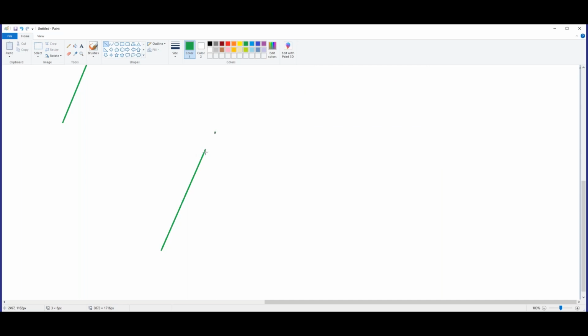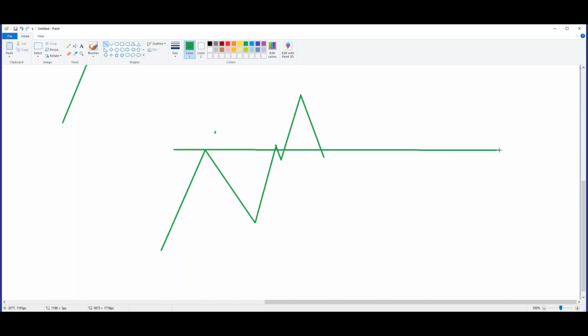You have a resistance, and then you have a rally base rally, and then at the support area, since this is a very important level, we have a king. Let's suppose that we have a king like this.